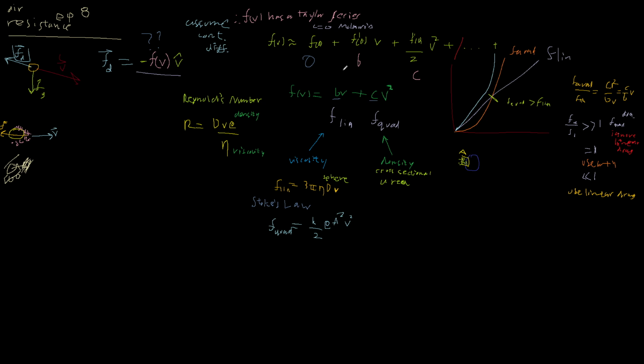We can do some simplifications here. For a sphere, b is equal to beta d, and c is equal to gamma d squared, where beta is more or less 1.6 times 10 to the negative 4 newton seconds per meter squared, and gamma is approximately 0.25 newton seconds squared over meters to the fourth.